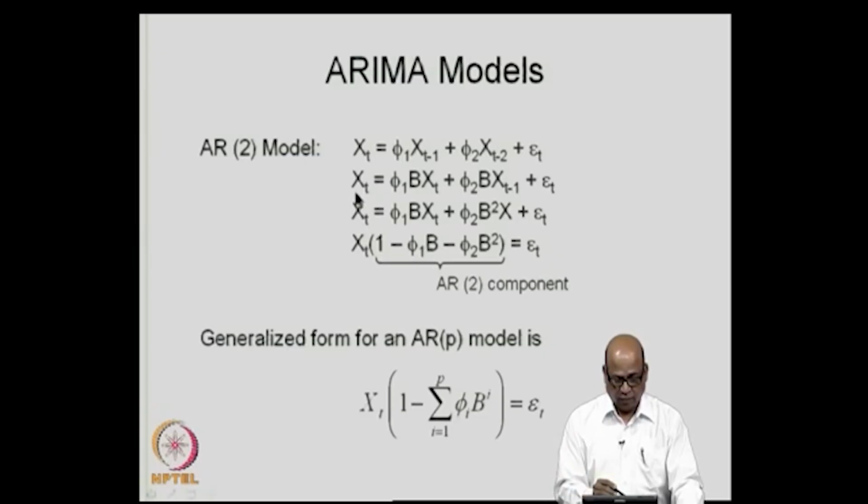So, I will write this as x t is equal to phi 1 B x t, this B x t is x t minus 1, plus phi 2 B x t minus 1, x t minus 2 is B x t minus 1, plus epsilon t as it is. Now, I will further expand, x t minus 1 is B into x t.